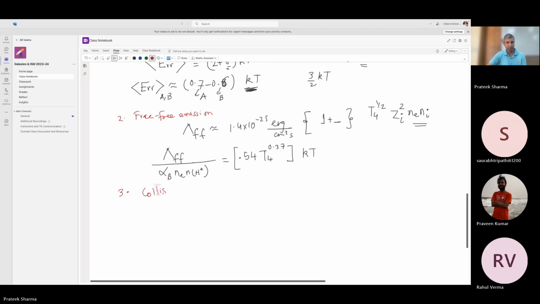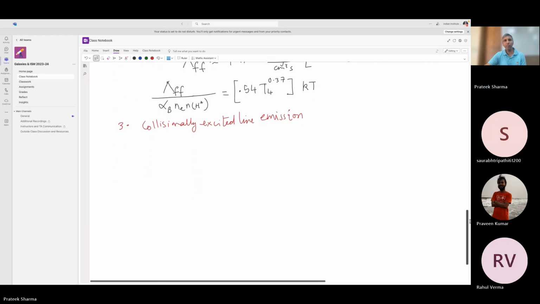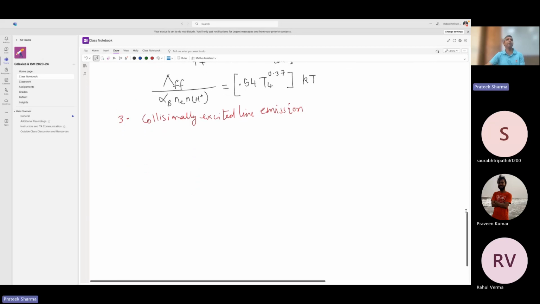Okay, so then the third process, and the most important process, is collisionally excited line emission. I already mentioned this. So here, what you have is metal lines, oxygen lines, nitrogen lines, sulfur lines.